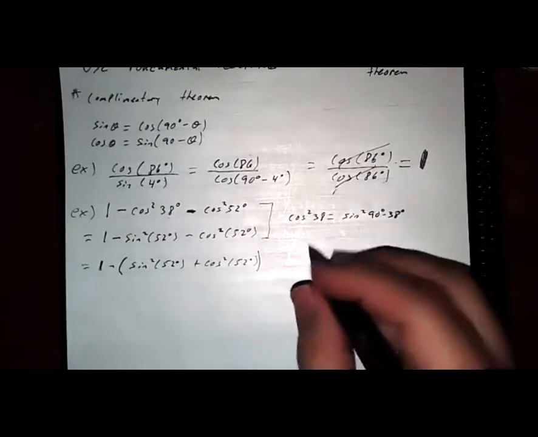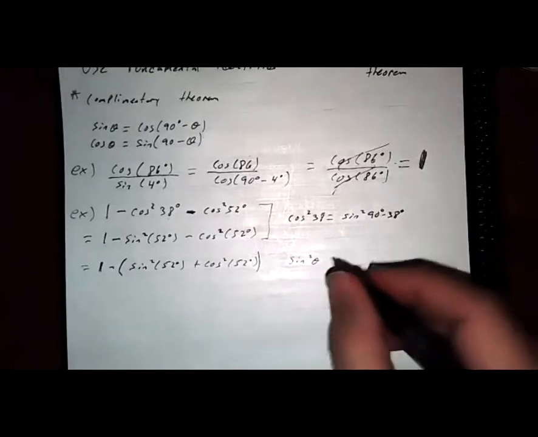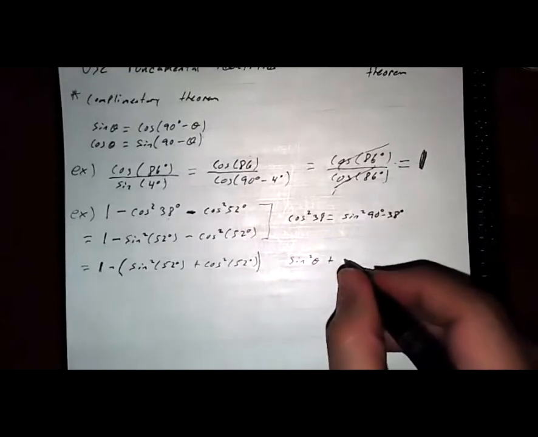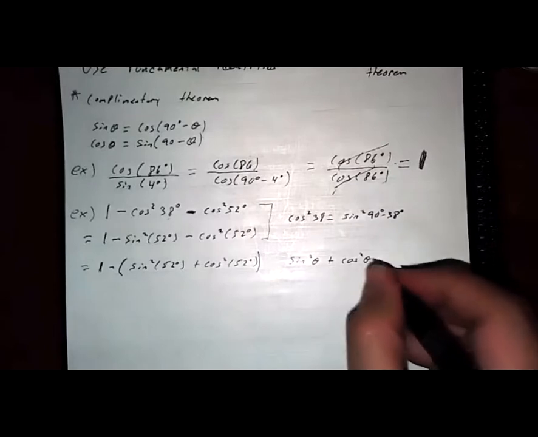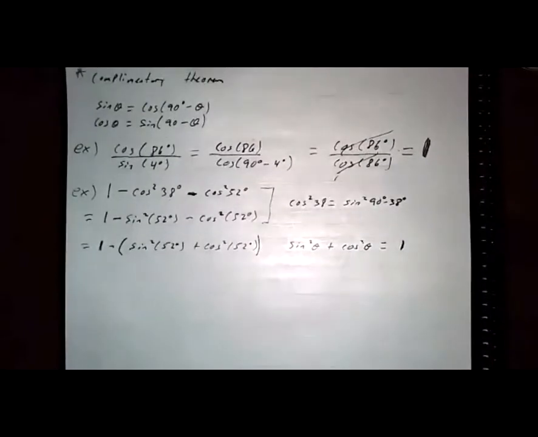So sine squared plus cosine squared is just 1, right? We have to remember, it's one of the original identities we talked about last time. For any angle theta, if they are the same, sine and cosine squared, when you add them together, will always equal 1 for any theta. So that's what we have inside, right?